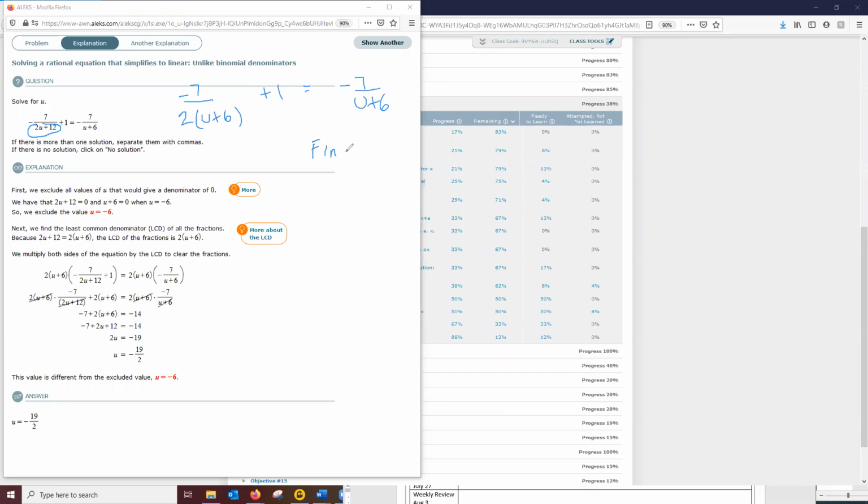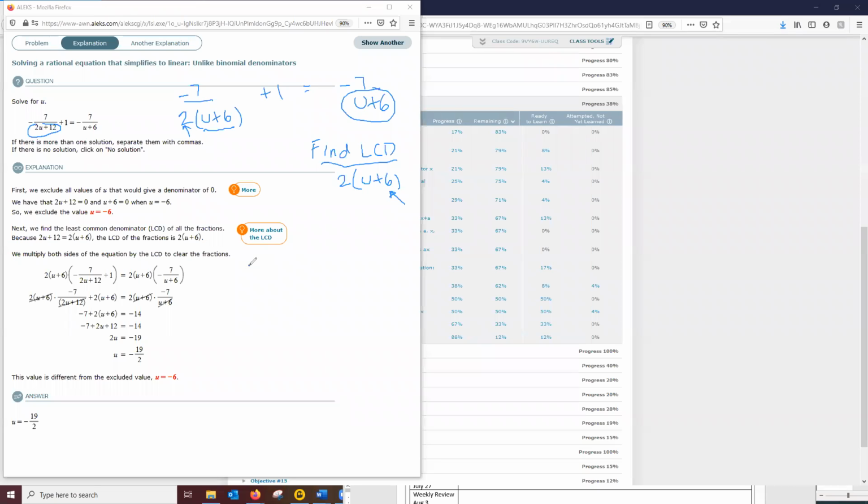Here's what I'm noticing. For the numbers, I'm seeing a 2 in the denominator, and then I'm also seeing this parenthesis u plus 6. Over here is another denominator, u plus 6, but I already have that accounted for in the common denominator, so I'm not going to repeat it. So this is the least common denominator.